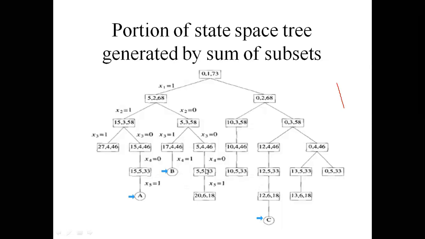Whereas in our case, we have applied backtracking and killed some of the paths which are not reaching the solution. So 23 rectangle nodes are enough. That is why a lot of time is saved when you go for backtracking instead of the brute force search technique.